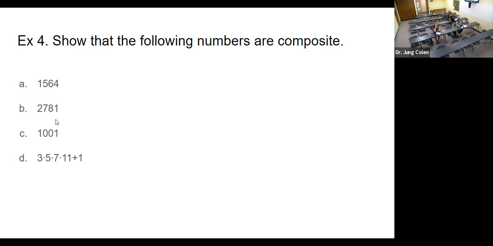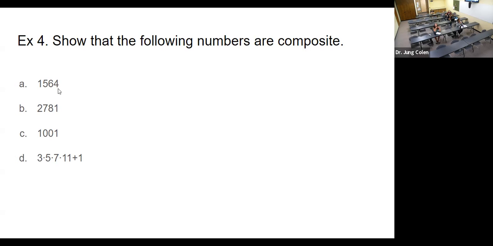Right? How about this one? 2781. Oh, I see some of you already putting your hand up, showing C there. How did you know so quickly? Aha! So we learned the divisibility test, right? We know how to find the divisibility test of 3. It is definitely not divisible by 2.